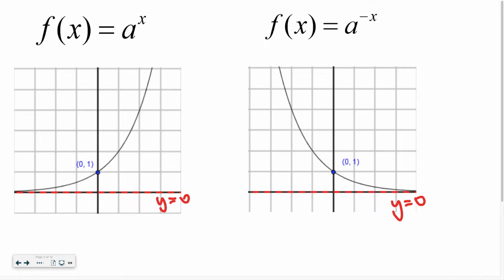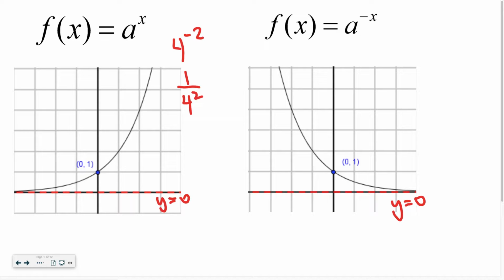Okay, can you take a number and raise it to a power and get a negative number? You cannot. Because if you have a negative exponent, like 4 to the negative 2, that's 1 over 4 squared.